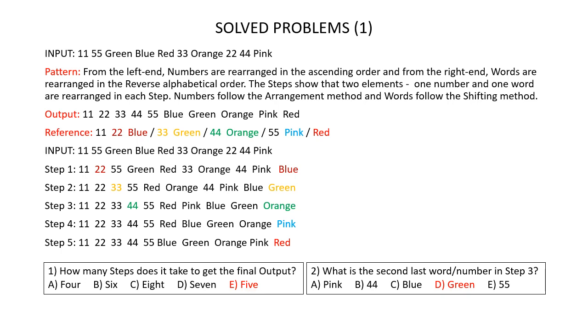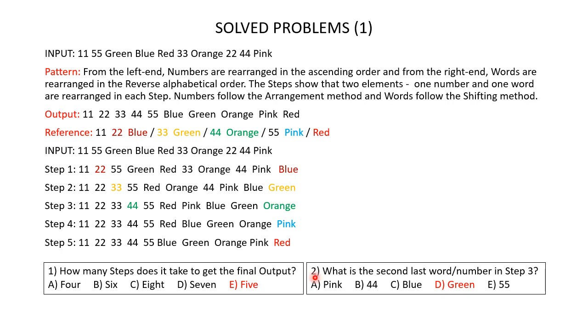So here you are asked to find out how many steps are required to get the final output. Now as you can see here, step 5 is the last step of rearrangement, and this means that step 5 is the final output for this given input. So clearly 5 steps are required to get the final output here. So the correct answer is option E, 5.